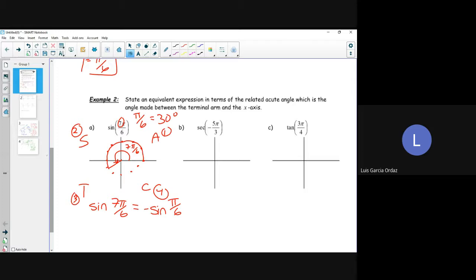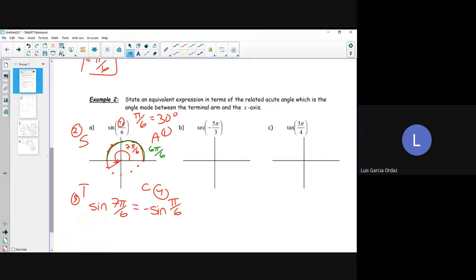The reason why it's pi over 6: we're still dividing our quadrants into 30-degree intervals, but from 0 all the way to where quadrant 2 ends, that is 6 pi over 6, which is just pi.